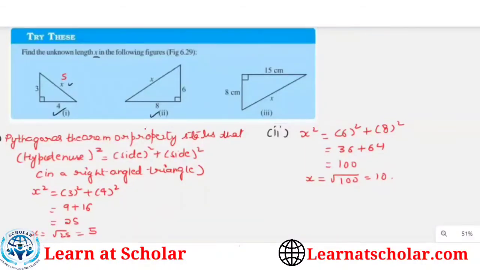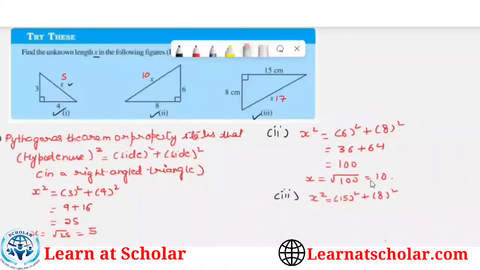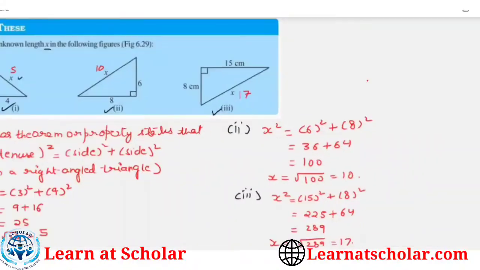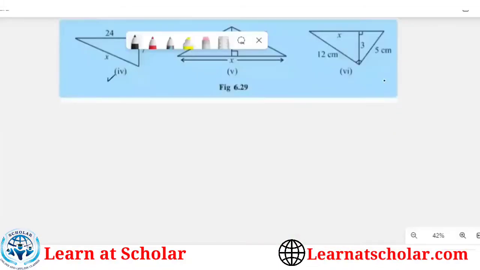In the same manner, the third one, x square is equal to 15 square plus 8 square. 225 plus 64 will be equal to 289. So x will be equal to square root of 289 is equal to 17.